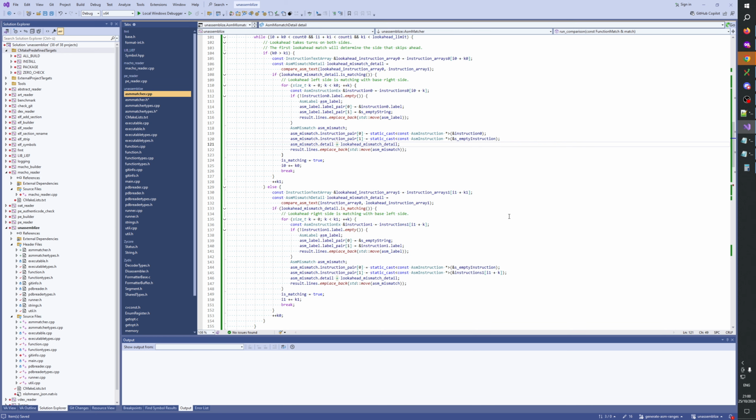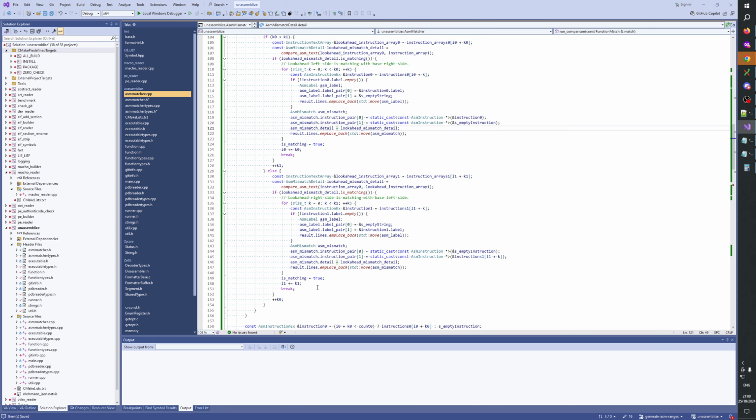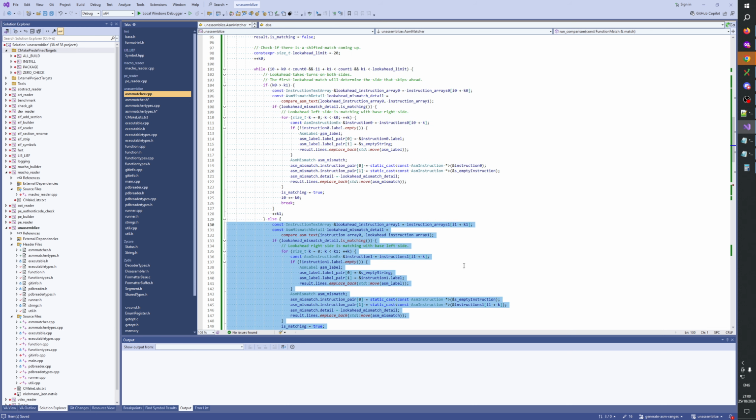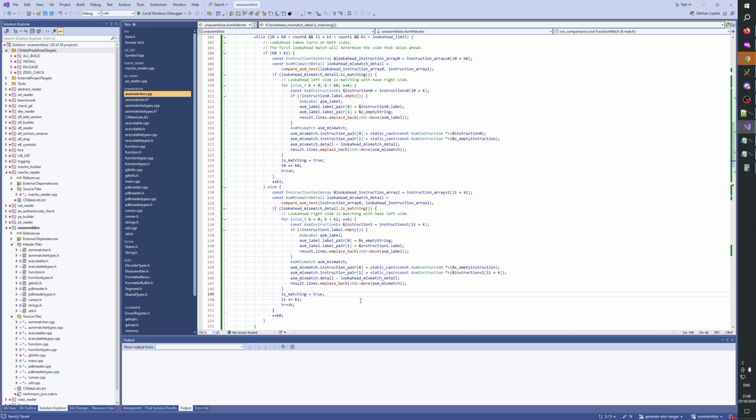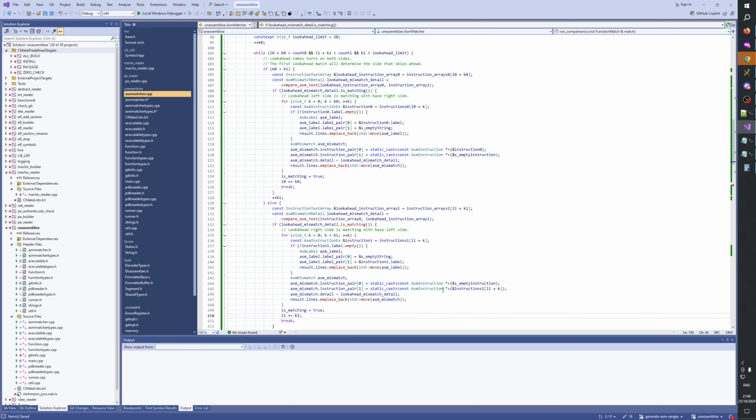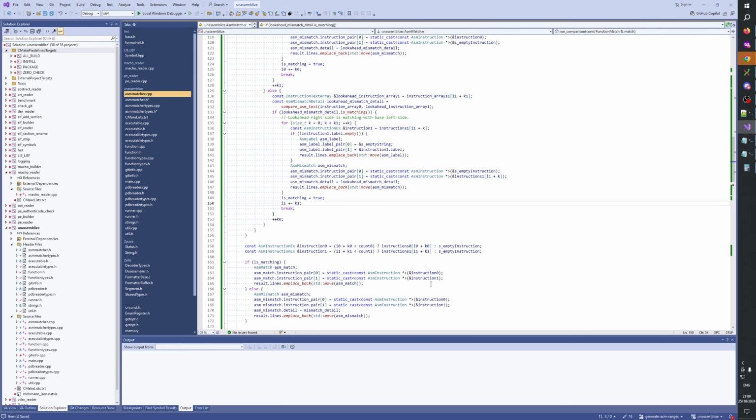Yeah. I wonder if we should put it into a function, because it's doing the same just on one side or the other. I don't know. Maybe it's fine.